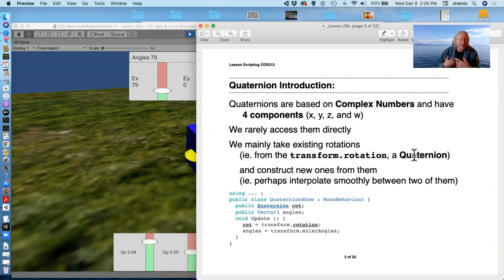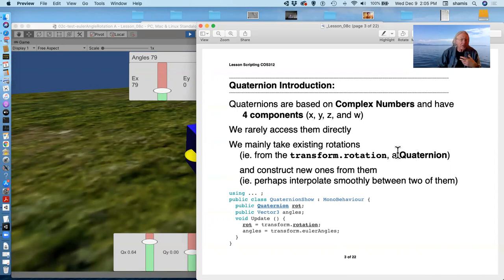So I could get the orientation of my object by looking up its transform rotation. And then from that quaternion, I can construct new rotations, new orientations, and in particular, we use this to interpolate smoothly between two different orientations.